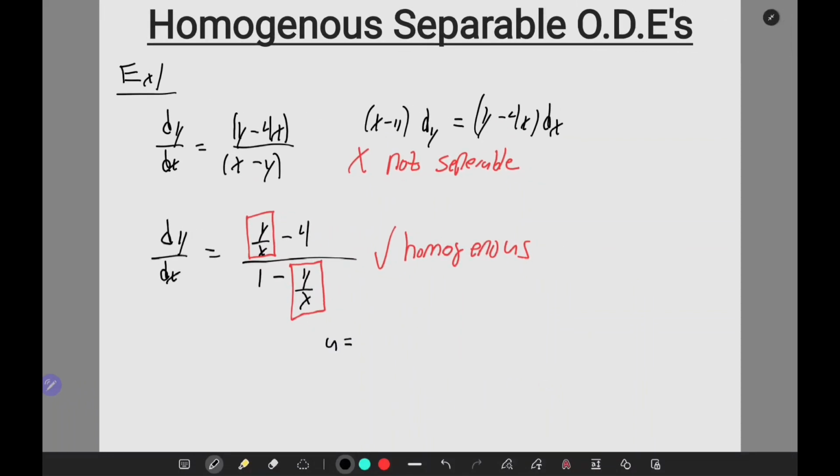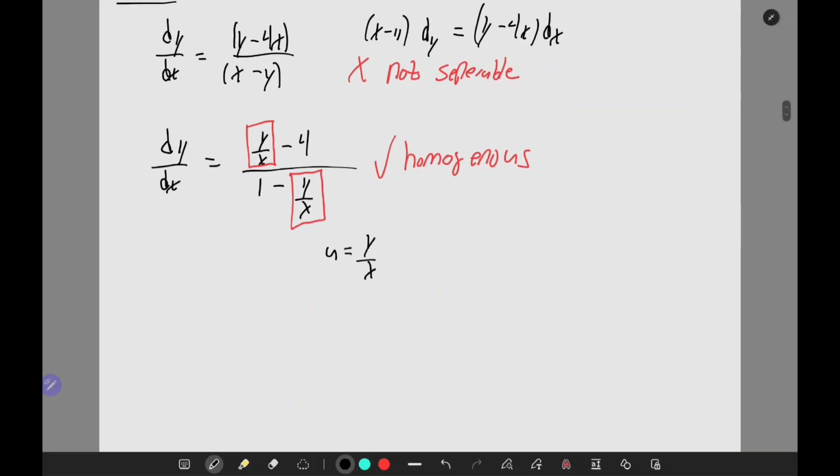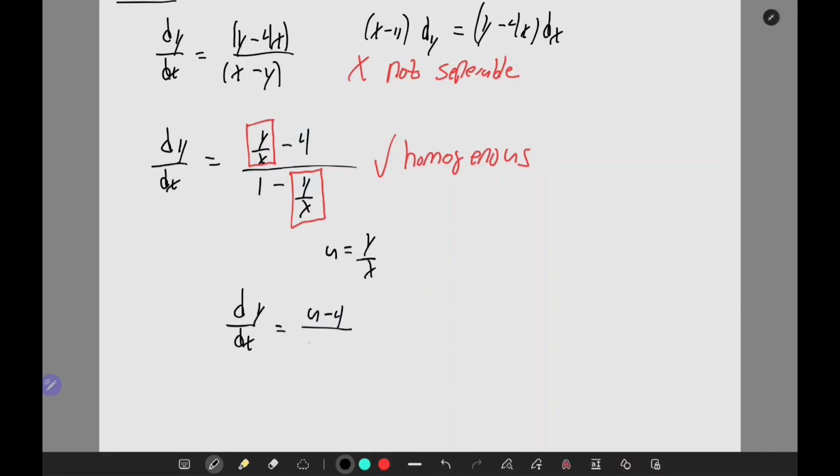For every case of a homogeneous equation, you're always going to set u equal to y over x. This is our substitution. So we can already see that we're going to plug u in for the y over x's. We will be left with (u minus 4) over (1 minus u), right?